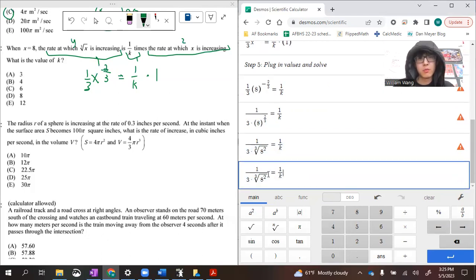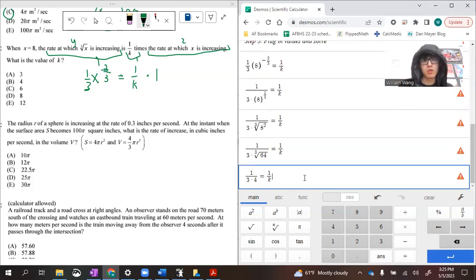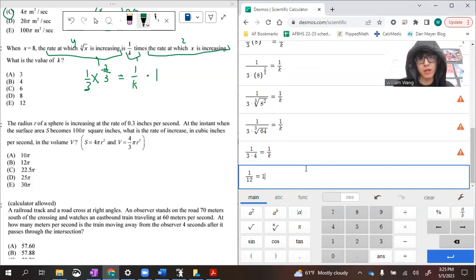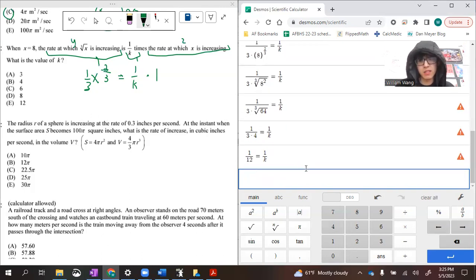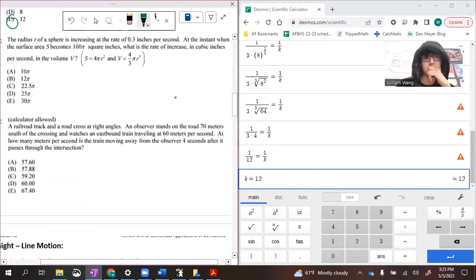The cube root of 8 squared is the same thing as the cube root of 64. I'm just showing this step by step. The cube root of 64 is actually 4. So 1 over 3 times 4, that means 1 over 12 is equal to 1 over k. You can see here that means k is equal to 12. So my answer choice is E, k is equal to 12. All right, hopefully that makes sense.